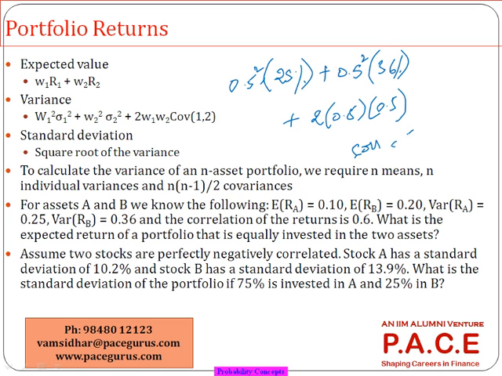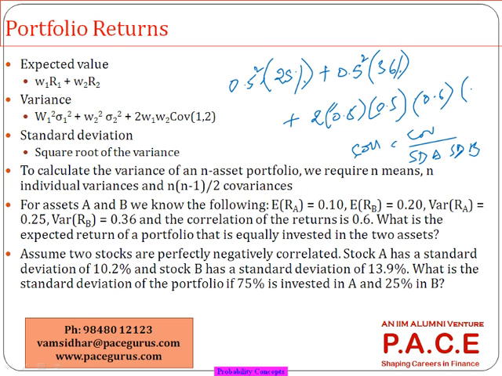Correlation is equal to covariance divided by standard deviation of A into standard deviation of B. So covariance is nothing but correlation into standard deviation of A into standard deviation of B. Correct? Correlation he has given as 0.6.